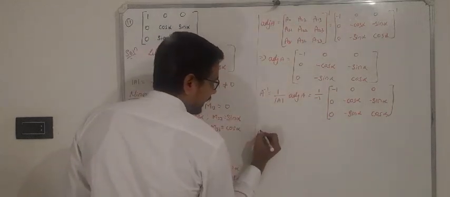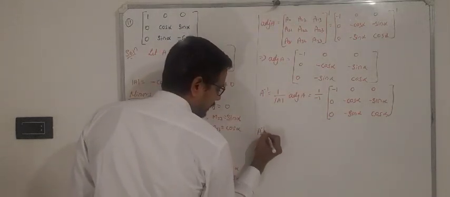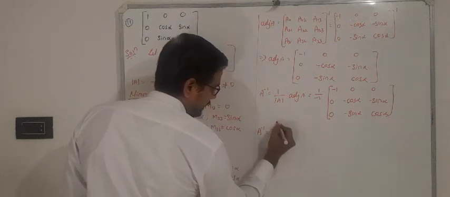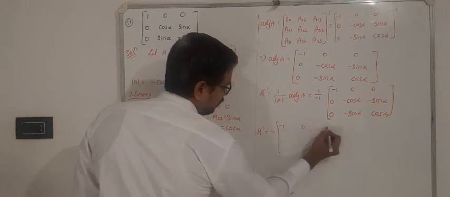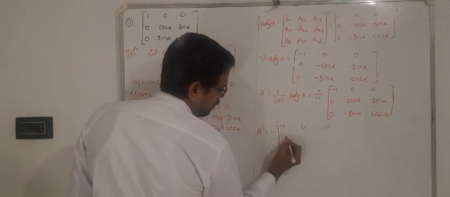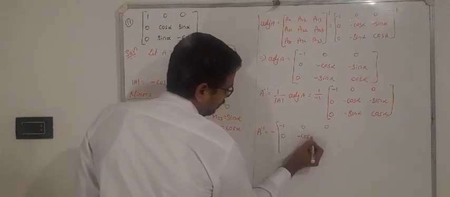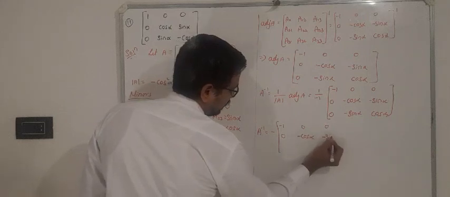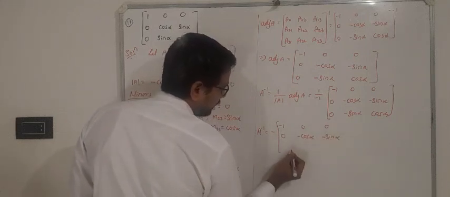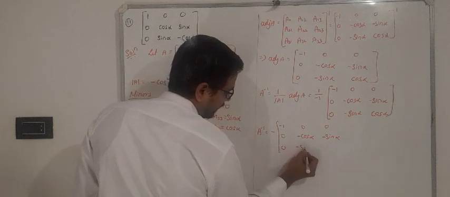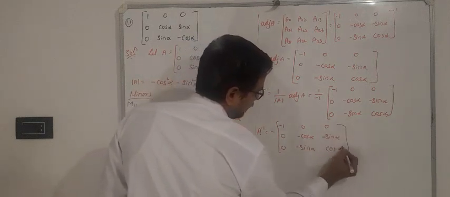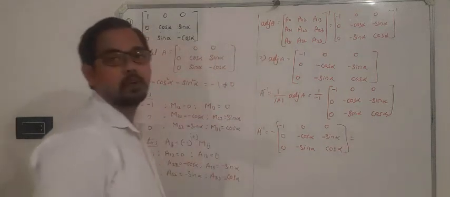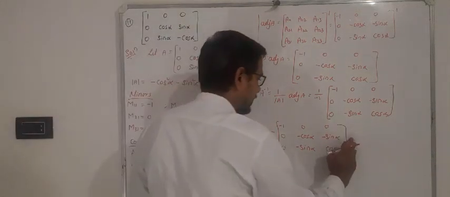So I can write A inverse as minus the matrix [1, 0, 0; 0, minus cos alpha, minus sin alpha; 0, minus sin alpha, cos alpha].